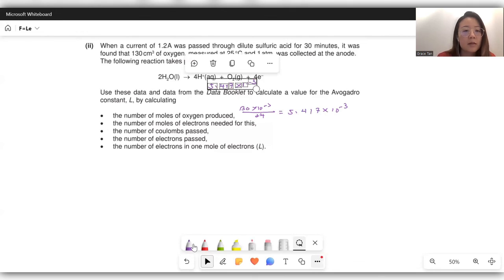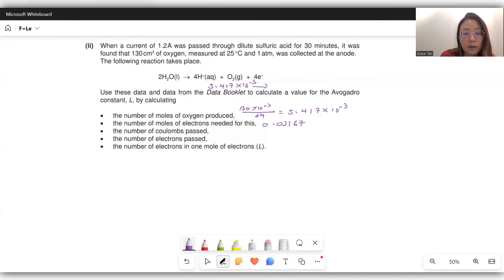Now next, the number of moles of electrons needed for this. If you already obtained the moles of oxygen, based on the equation, you multiply by 4 to get the number of moles of electrons. After I times 4, the number of moles of electrons here is 0.02167.